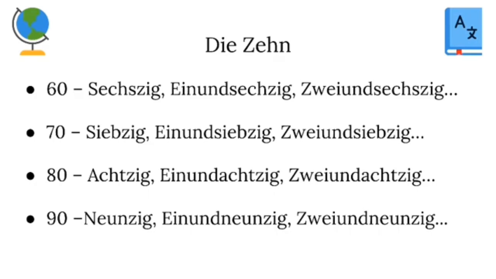With 70, you are going to have to read only the first half of the word sieben.